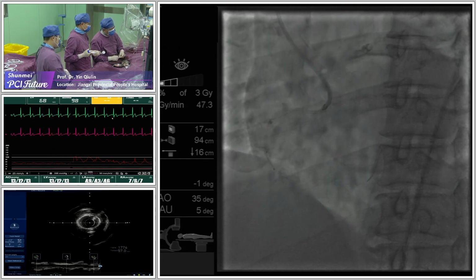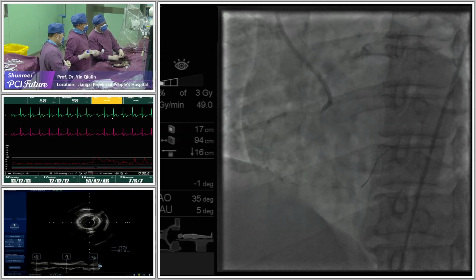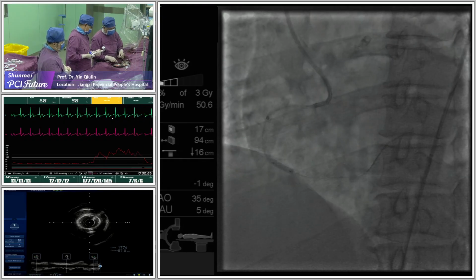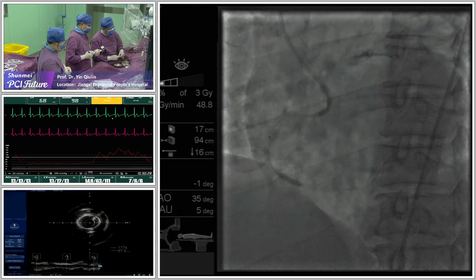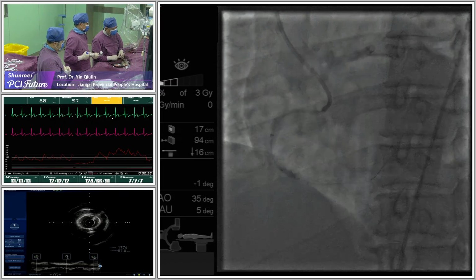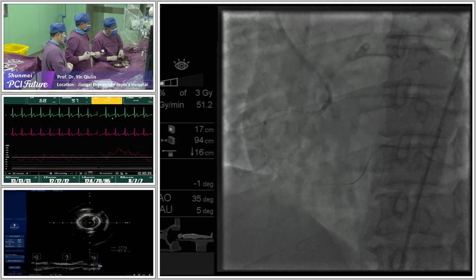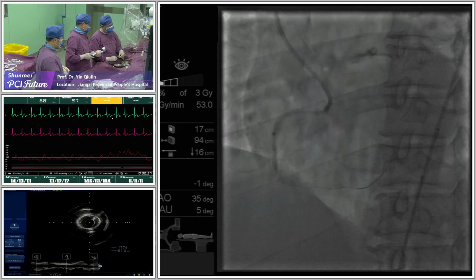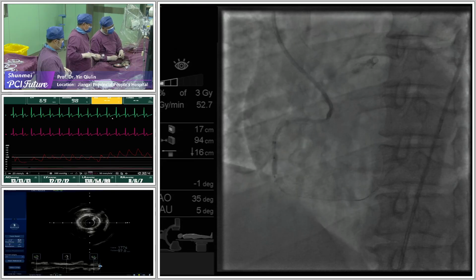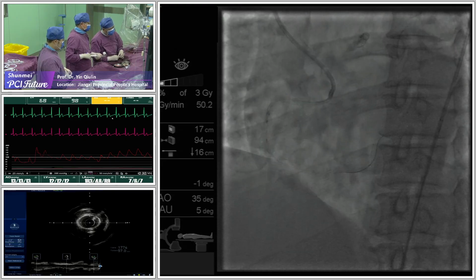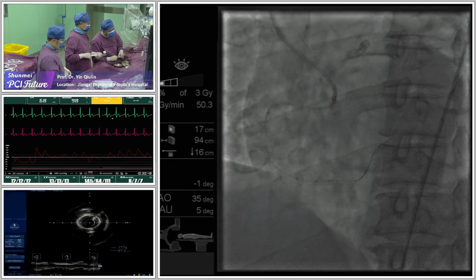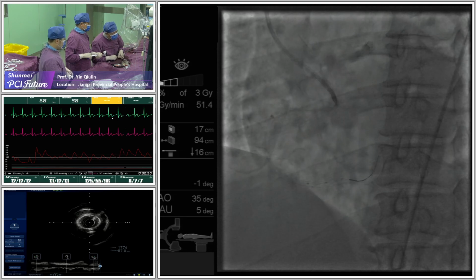There are many types of classifications, but many of them are difficult to remember, like this one, Duke. However, the Medina classification is popular and recommended by the EBC and the guideline.